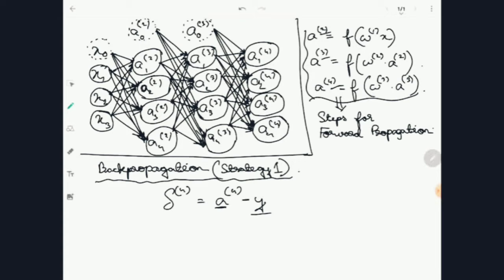Fine. So here the shape of del 4 is 4 by 1.